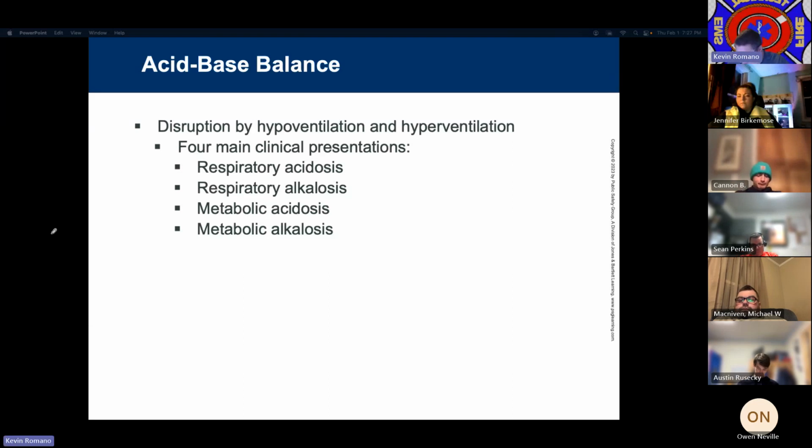If I said you have an end-tidal CO2 of 6, this is horrible. Let's say it's 60. The pH of 7.12.